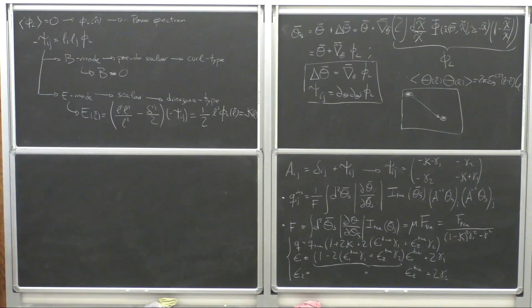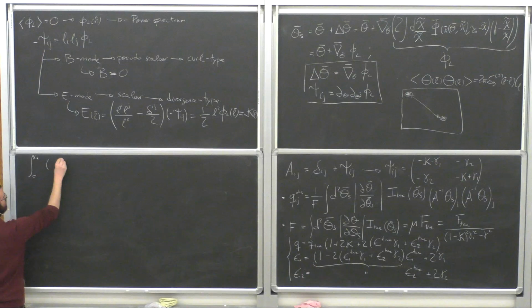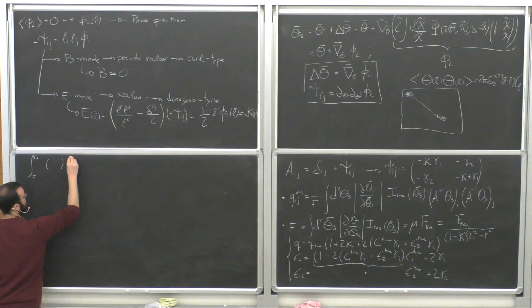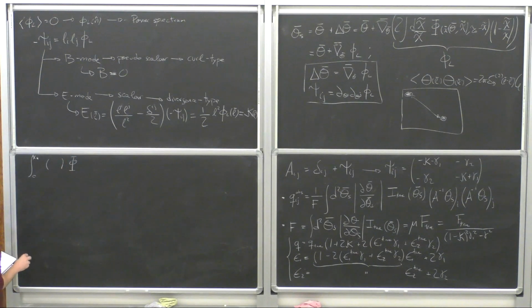If you remember, for the lensing potential, we had some integral from 0 to the last scattering surface of some quantities and the gravitational potential. However, here we have many galaxies along the line of sight, and we want to see how this affects.